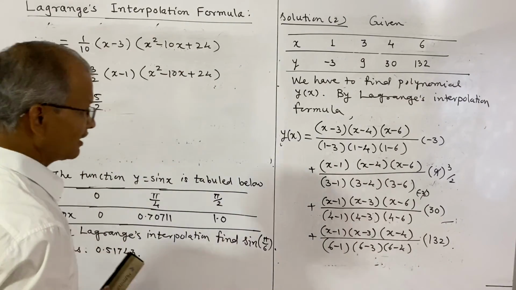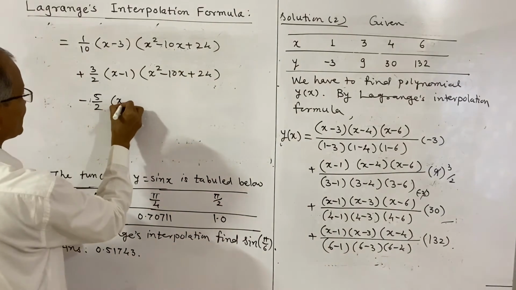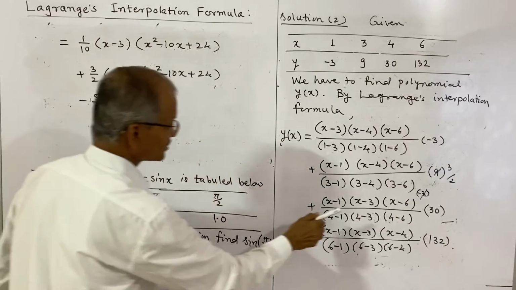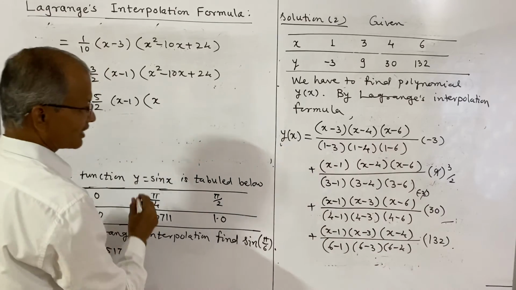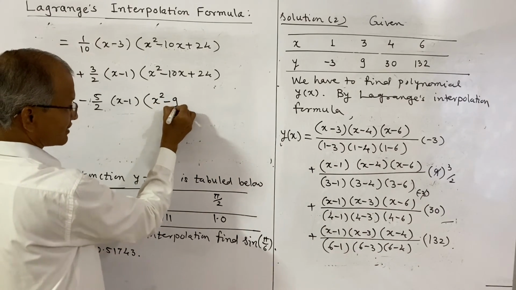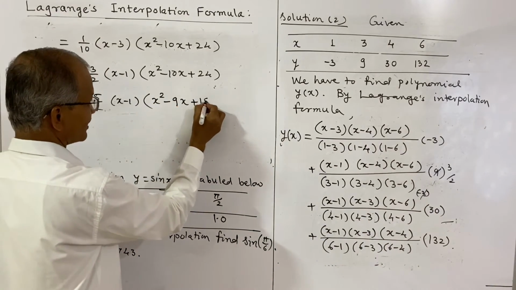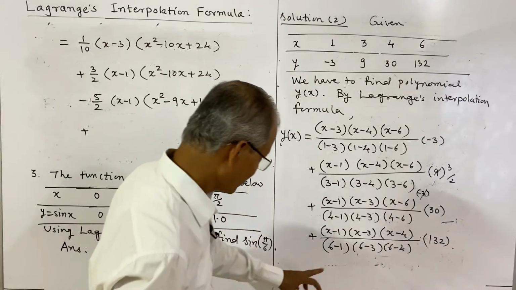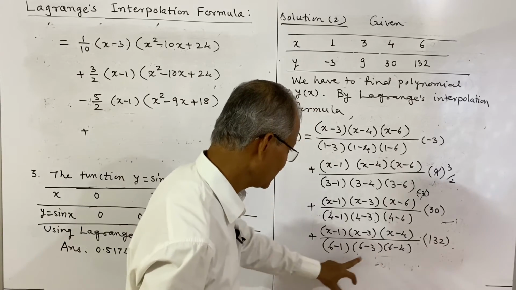And then (x minus 1) is common, and in bracket it remains the product of these two. Product of these two is x square minus 9x plus 18, and the last term is plus or minus, we will check. This is positive, so each term is positive.